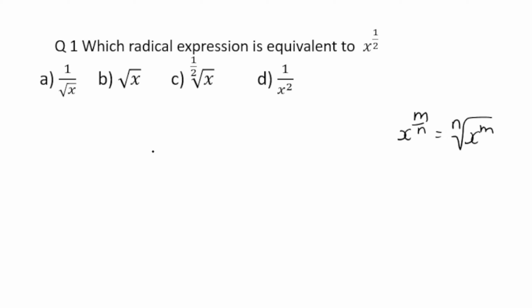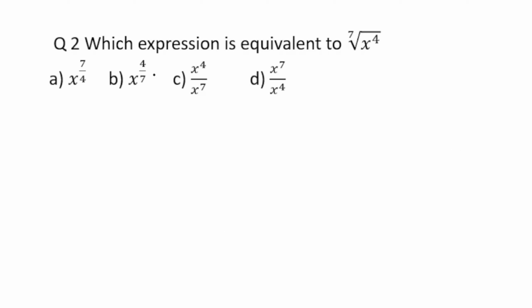In our question, x to the power 1 over 2. That means it is square root x. That means the answer is B, square root x.